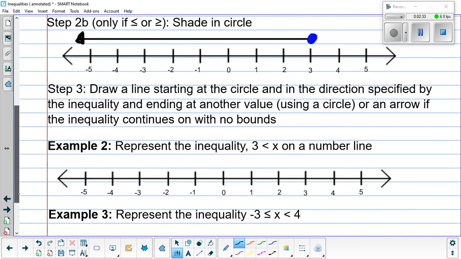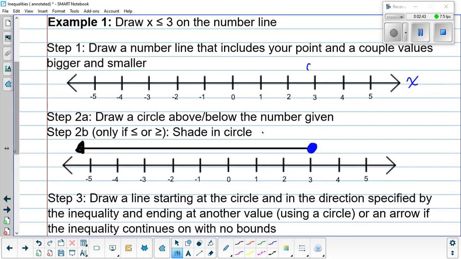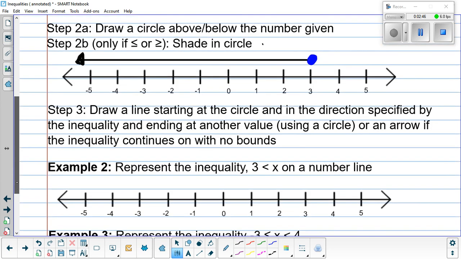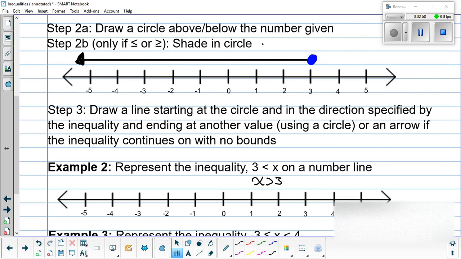Example 2, we want to write 3 is less than x on a number line. I find it very awkward to say 3 is less than x. I like switching it around, because it makes more sense for me to say x is bigger than 3. Remember, we can do whatever we want here, we just have to switch these around.